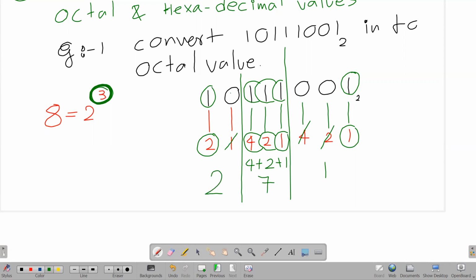So this gives us just 2. So the octal value is 271 in octal. Is that clear?